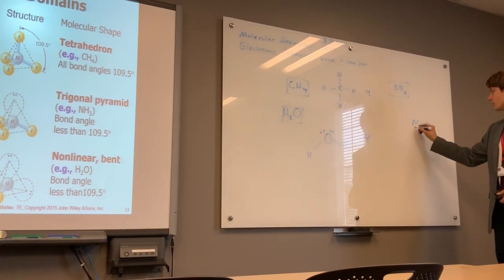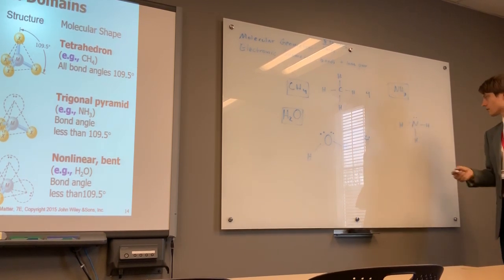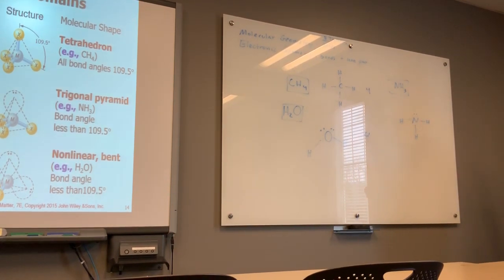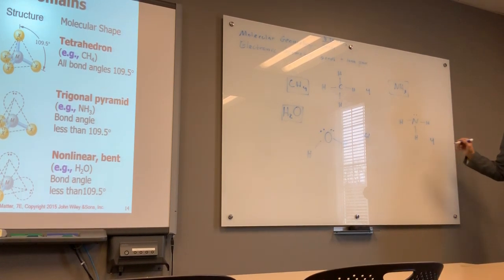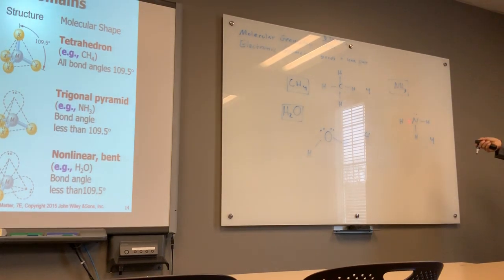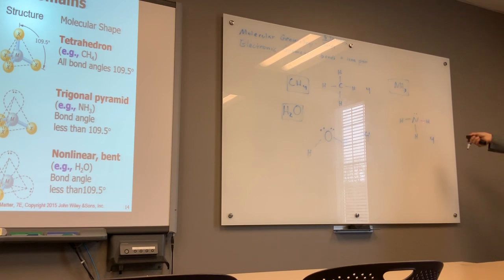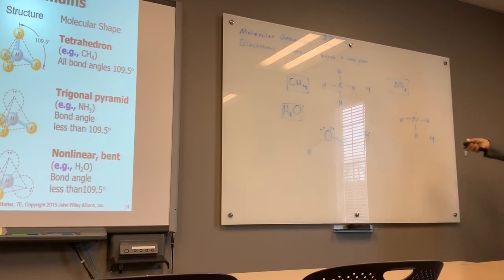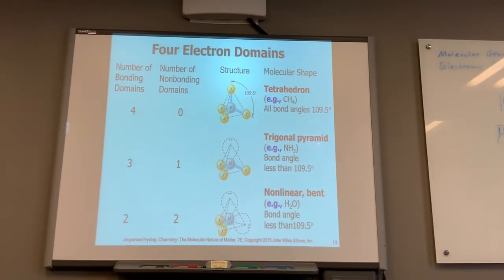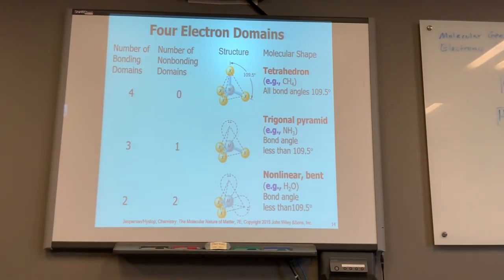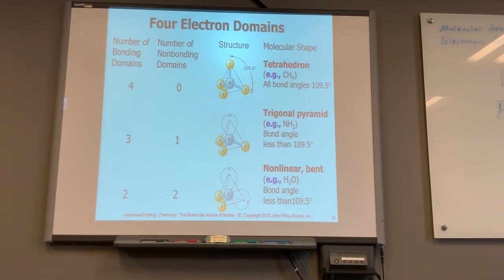So if we were just to draw the Lewis structure for ammonia, we would draw that, and that'd be fine. How many electron domains are there total? 4. But the molecular geometry is just going to be the shape made by the bonds. So we're going to have those 3 bonds being pushed down to make trigonal pyramidal, which is what you said earlier. Does everyone see that? The molecular geometry is the shape the bonds make.